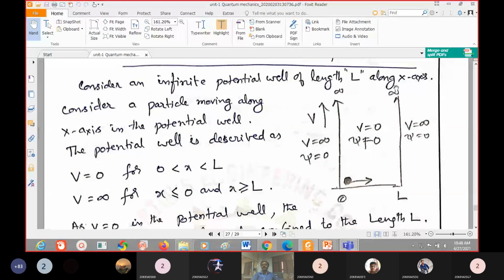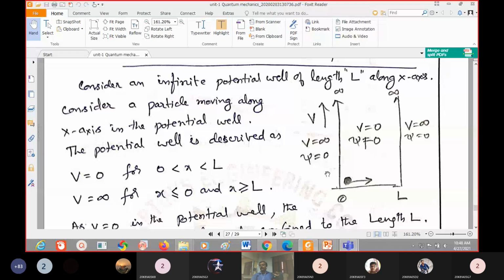According to the conditions on the wave function, at the boundary the wave function vanishes. So at the boundary we take psi equal to 0, which means there is no presence of the electron at the boundary.